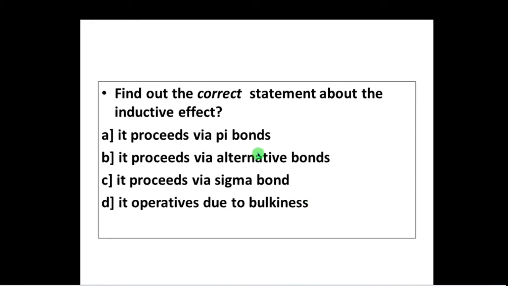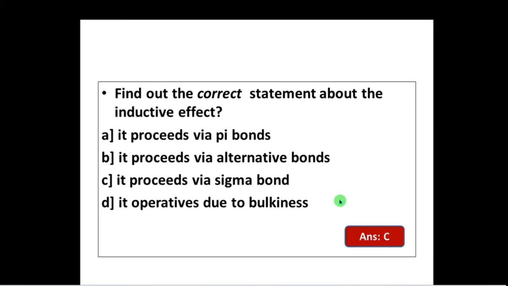All others are not relevant here. Pi bond involves different effects, and bulkiness means steric effect. So option C is the correct one, because the inductive effect proceeds via the sigma bond only.